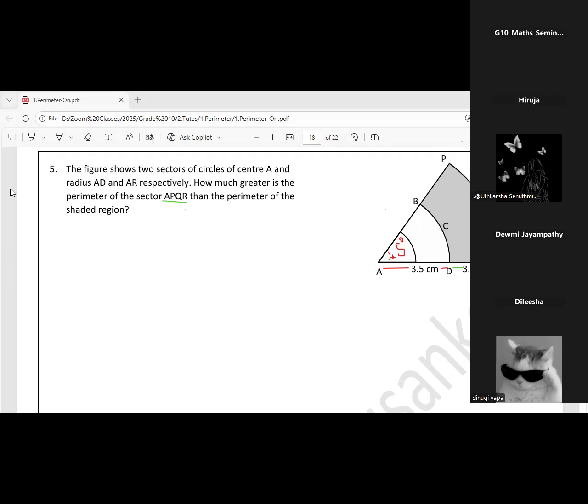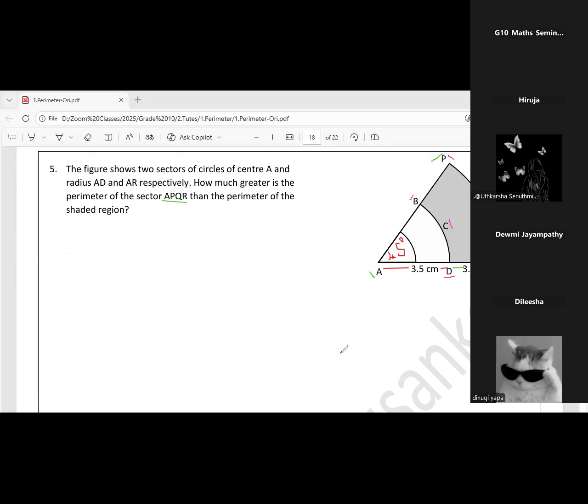I am giving you some hint. You have to find the perimeter of the total APQR. Then let's see how much greater the perimeter of the shaded region is. So you have to find the perimeter of BCDRQP.